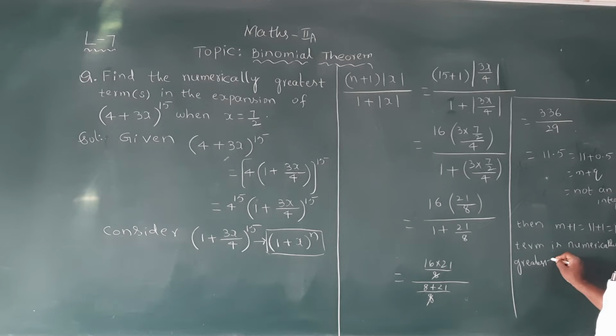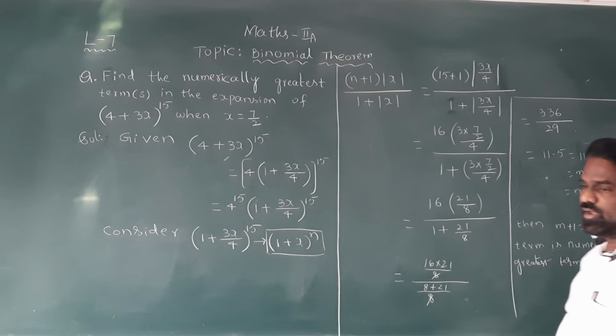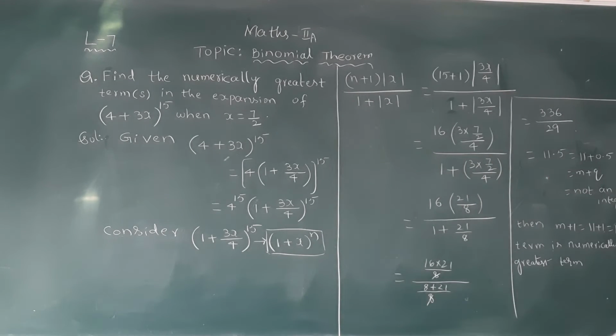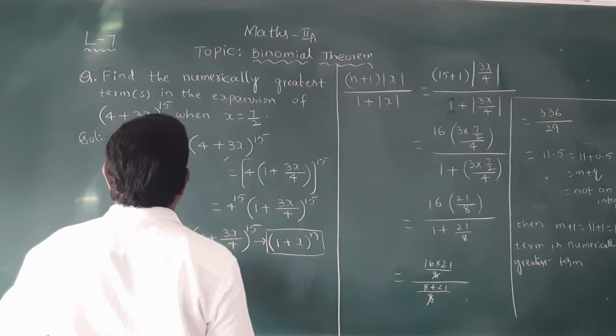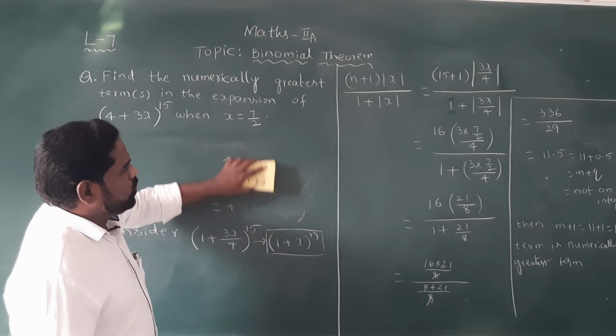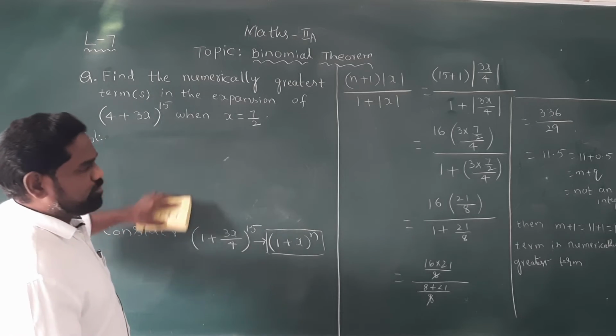Understand? If we get an integer here, then we say that the mth and (m plus 1)th terms are numerically greatest terms. Now this is the numerically greatest term. Now we are going to find the 12th term.